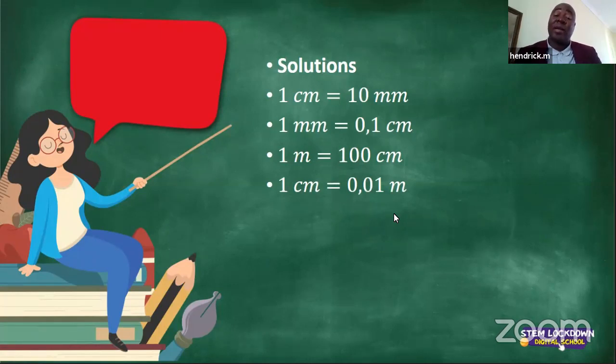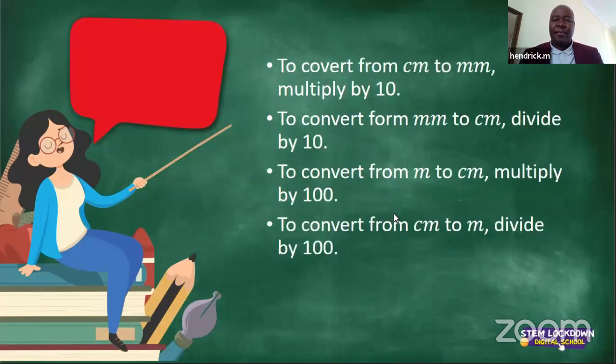And of course, the last one, which is the opposite, you can divide by 100. Once you divide 1 by 100, of course, you'll get 0.01 meters.